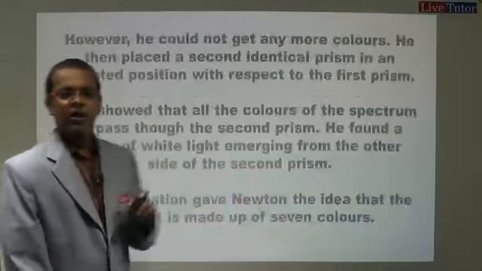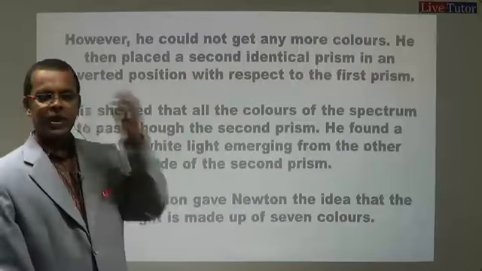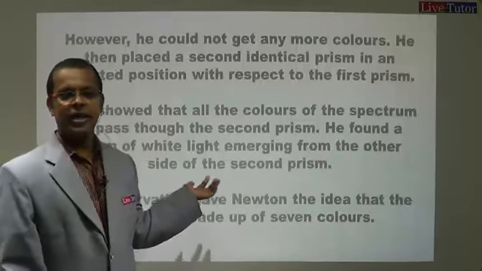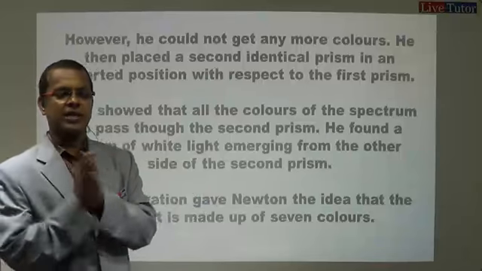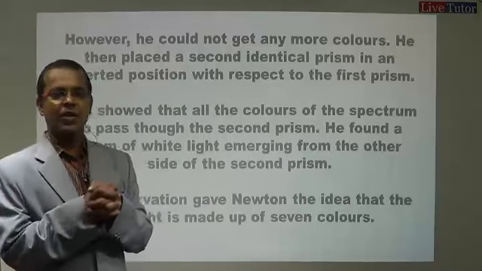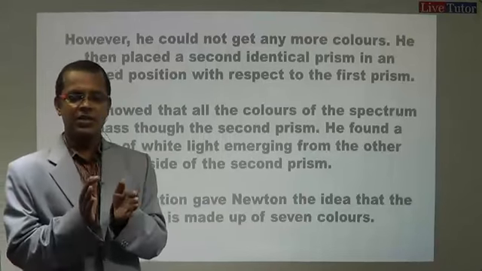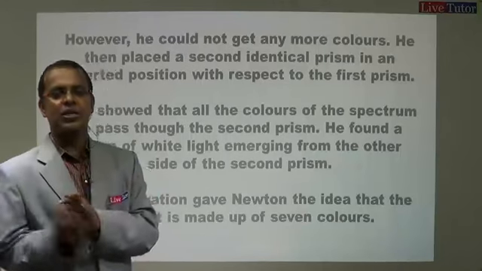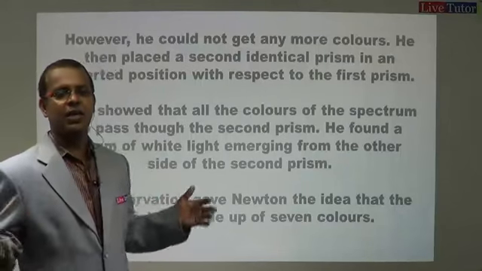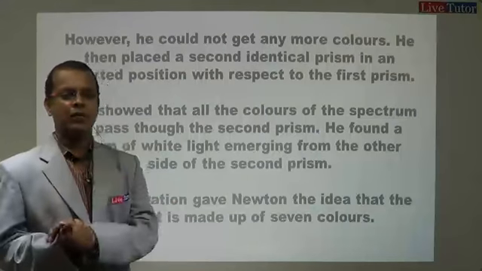Okay. So this is the idea done by Sir Isaac Newton. He showed that all the 7 colors can be made into a single white color by using another prism which is kept upside down.